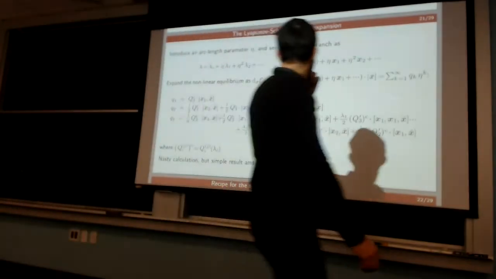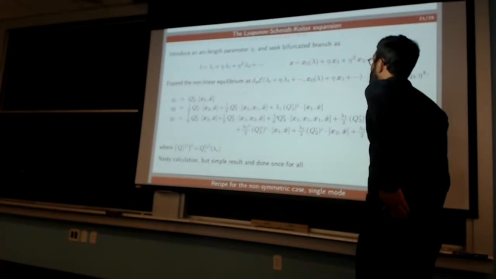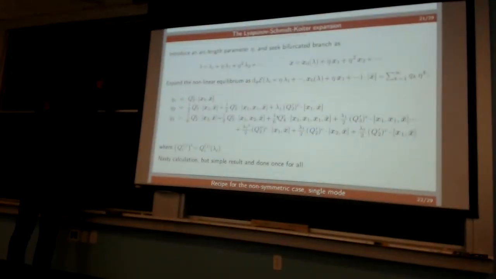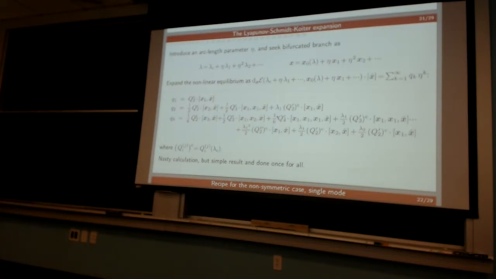This way. So there are two small remarks. First, you could think that pretty much anyone would actually try to seek x as a function of lambda. So it's possible, but that's really inconvenient, and actually it often doesn't work.